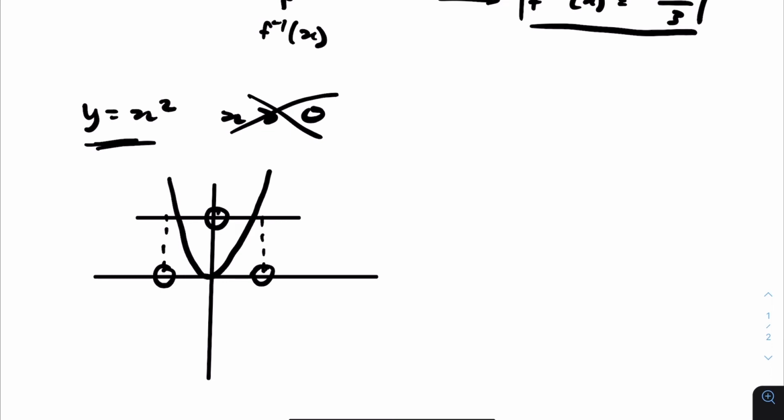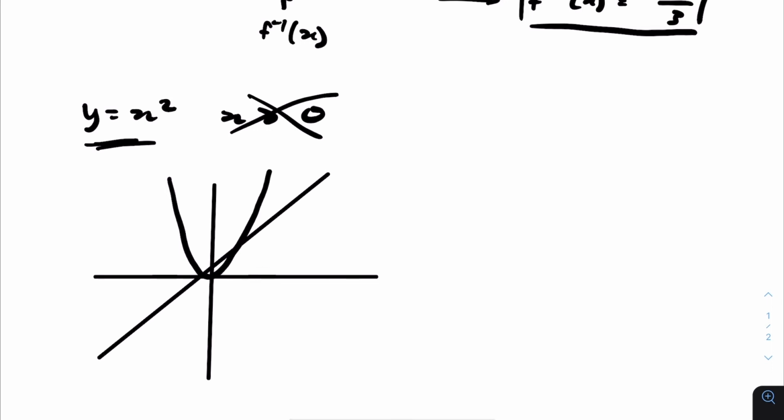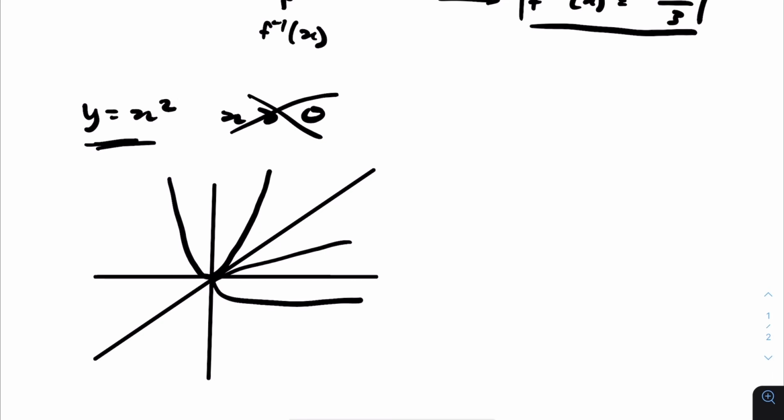Now, many to 1 functions do not have inverses. The only functions that have inverses are 1 to 1. And the reason for this is because if we were to find the inverse of y equals x squared, we can graphically see that it's reflected across the y equals x line. It would look something like this.